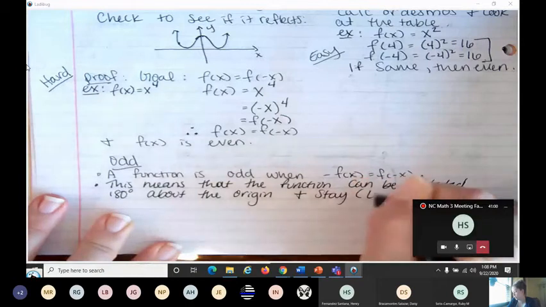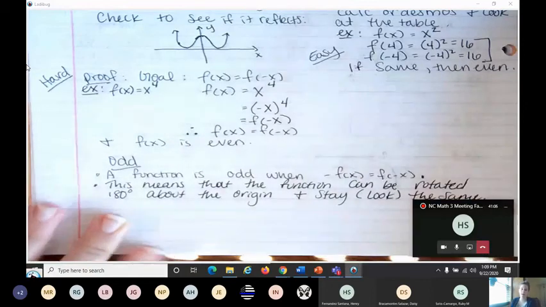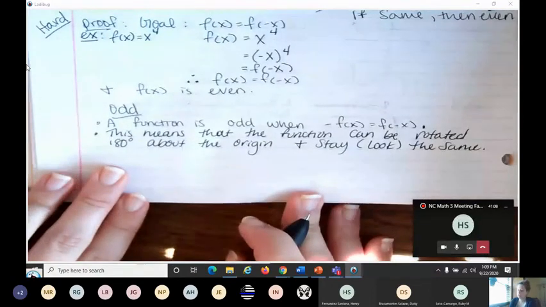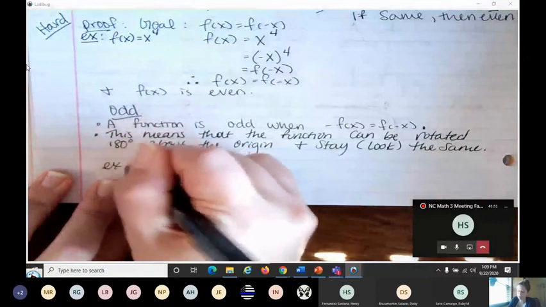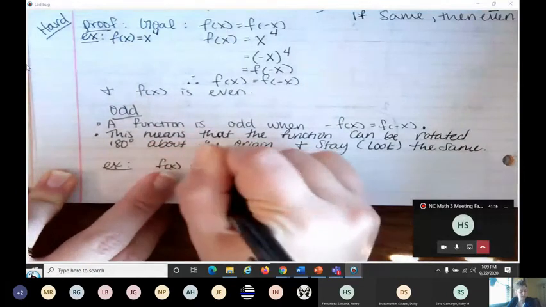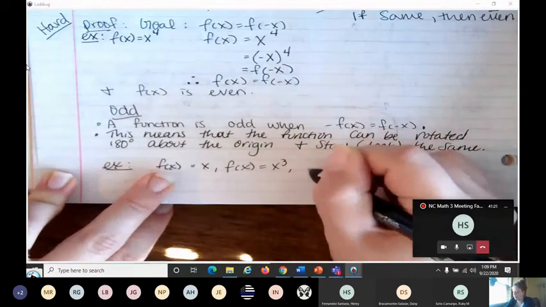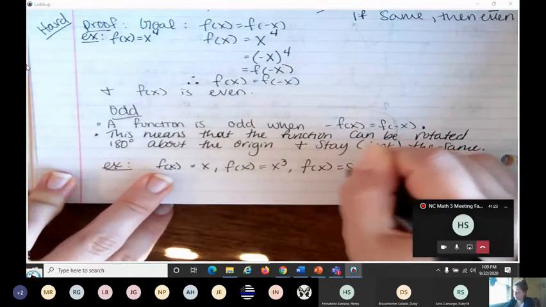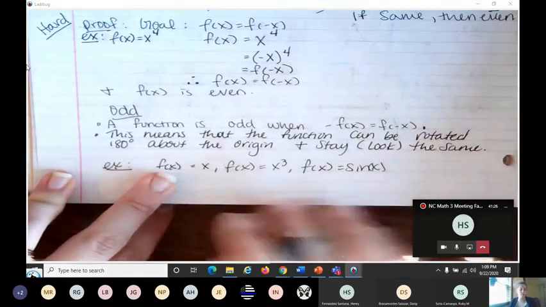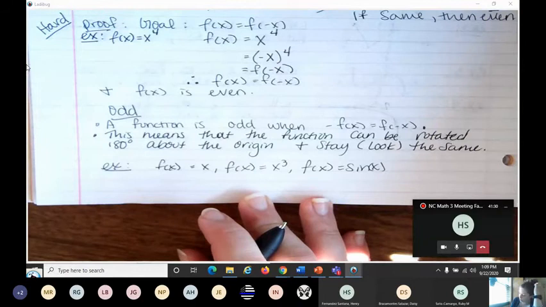Mostly look the same. So some examples of odd functions are f of x equals x, f of x equals x cubed, and even f of x equals sine x. So those are just some quick examples. Our tests are going to be similar. We can still look 3 different ways to see if it works.